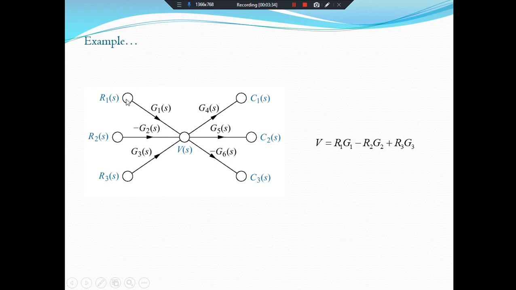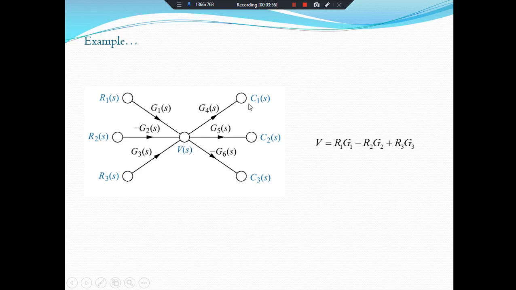What will be the value of V(s)? It will be the input multiplied with the gain of the system: R1 into G1(s), R2 into minus G2(s), and R3 into G3(s), and this will be the value of V(s).